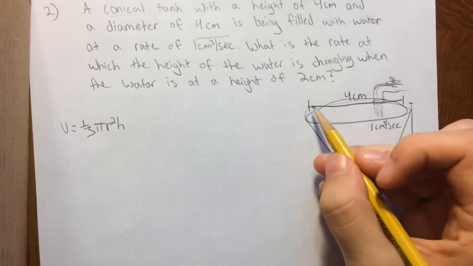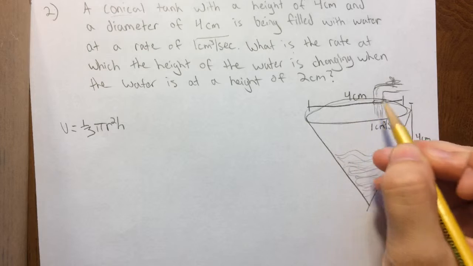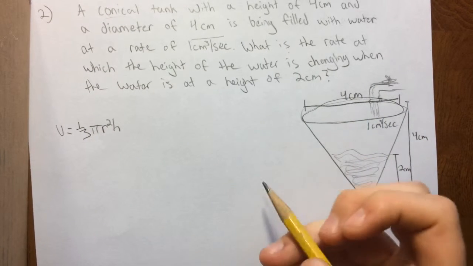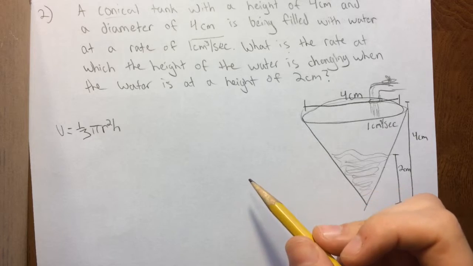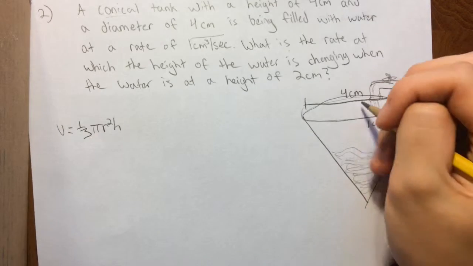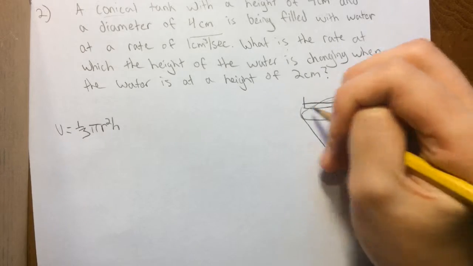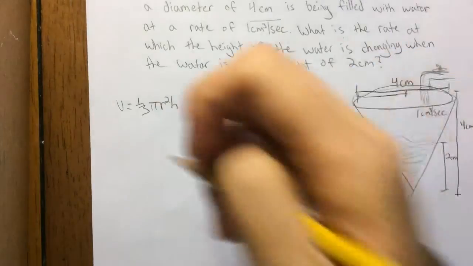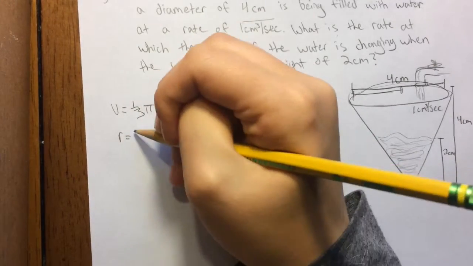But we do have that the diameter is 4 centimeters, so we can figure out that the radius will always be half the height of the cone.